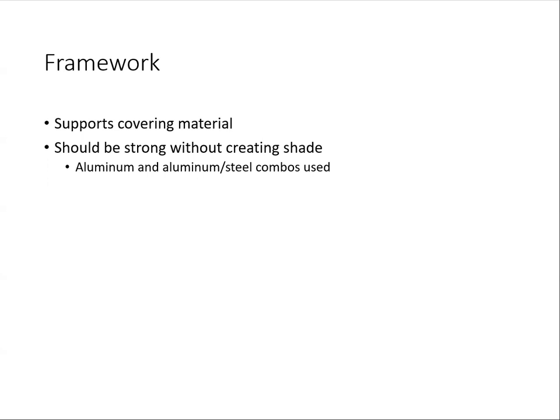But it should be made of a material that gains its strength through the material itself, not the girth of the material. That being said, wood has some good structural characteristics, but in order to get better structure out of it, you need larger members. So generally, aluminum and aluminum steel combinations are used in constructing the framework of greenhouses because they have high strength at low sizing, right?